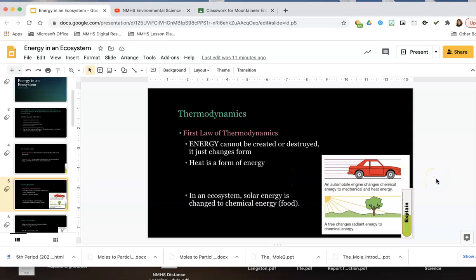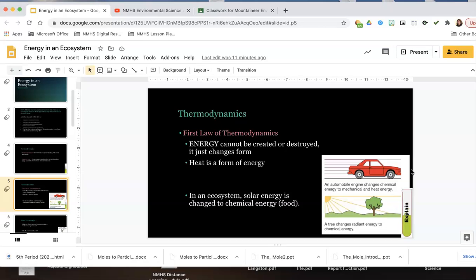So here we have a picture of a car. A car has an engine in it, and that engine converts chemical energy to mechanical energy. So how does it do that? The chemical energy is within the bonds of the gasoline, which is the fuel for the car, and then the gasoline is converted to mechanical energy.